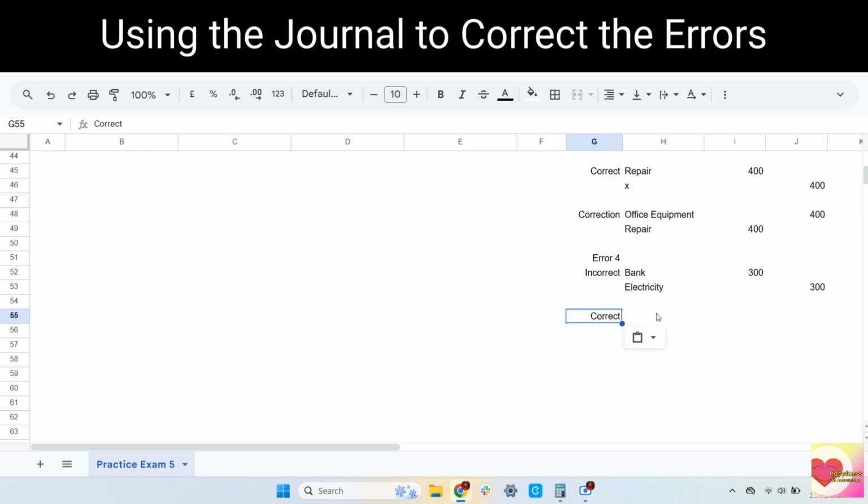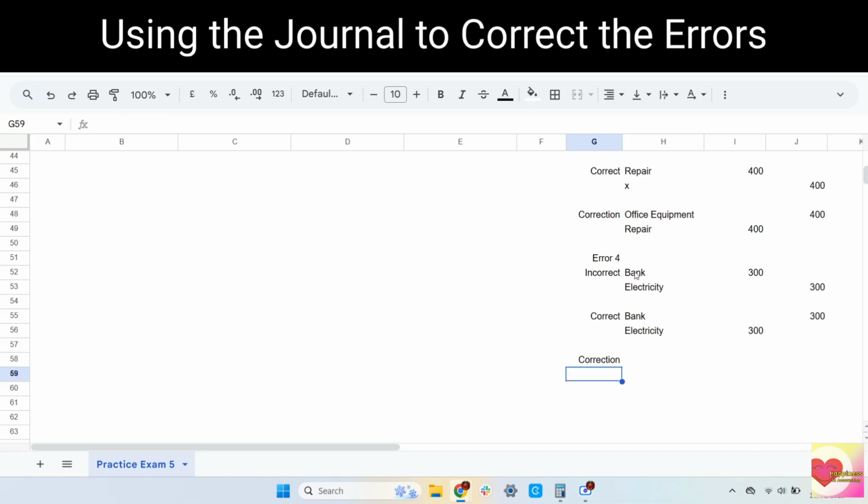Next, let's put the correct entry. The bank 300 should be in credit and the electricity 300 should be in debit. Now let's put the correction entry and compare the incorrect and correct entry.